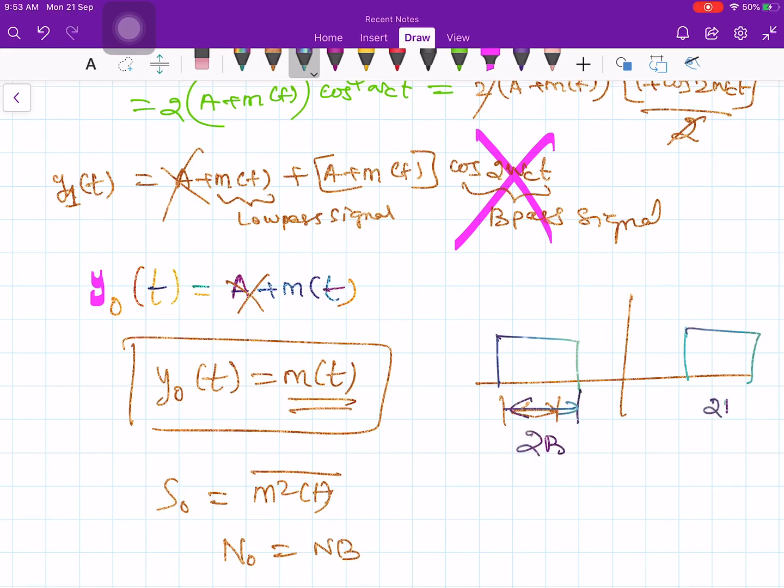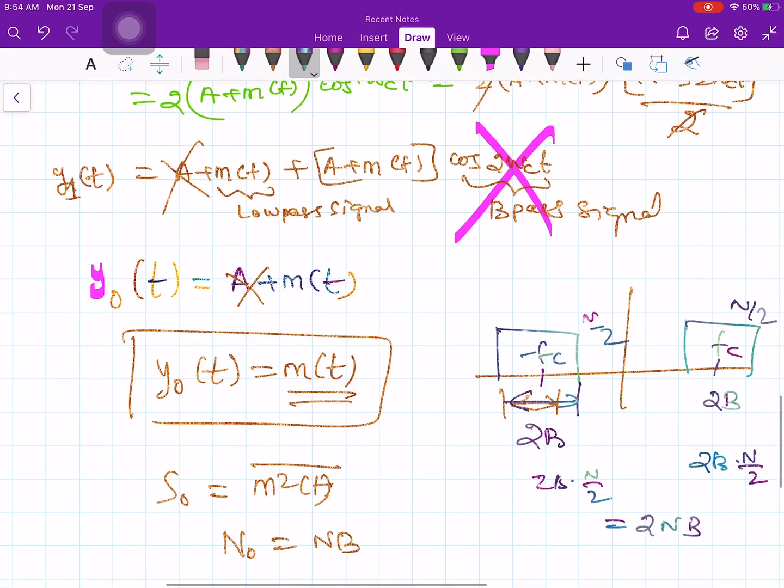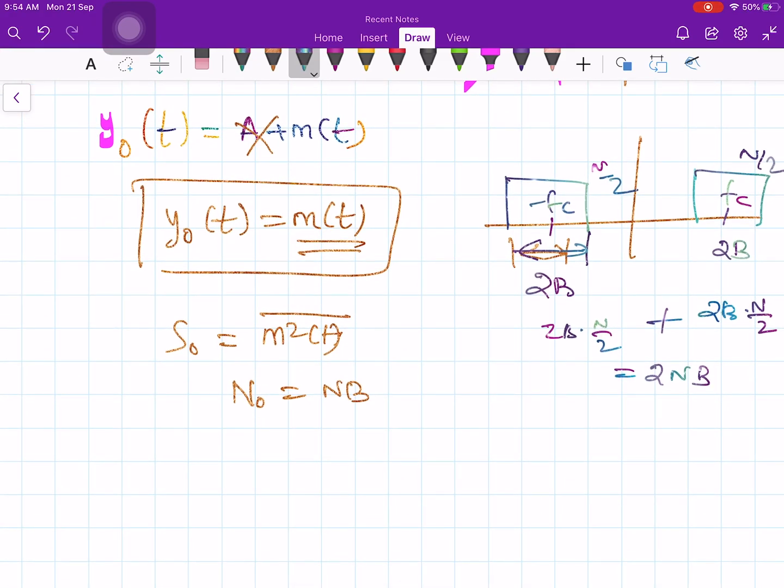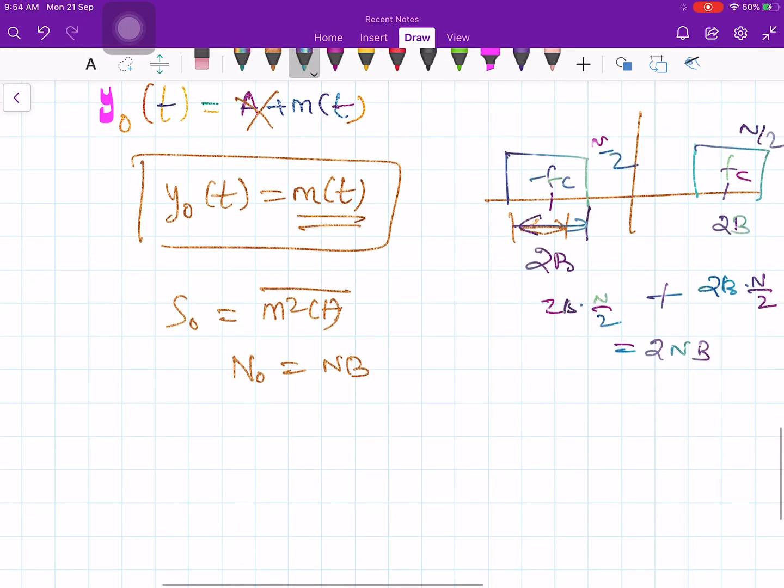This is centered at Fc and this is centered at minus Fc. Therefore 2B times N by 2, here also 2B times N by 2. The height is N by 2. So this is 2NB if you add these two together. Is it 2NB or NB? It should be 2NB, right?